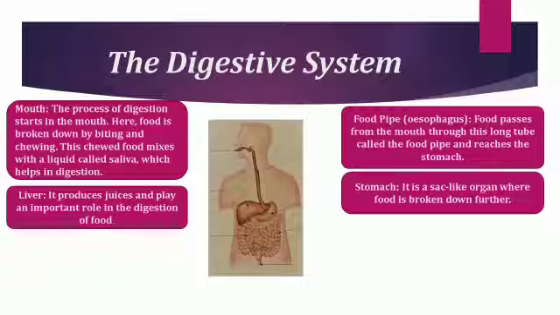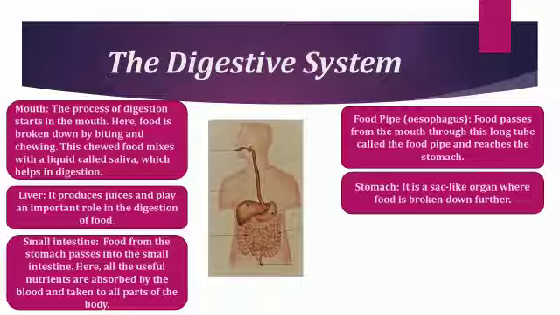Now stomach. It is a sac-like organ where food is broken down further. Now small intestine. Food from the stomach passes into the small intestine. Here all the useful nutrients are absorbed by the blood and taken to all parts of the body.